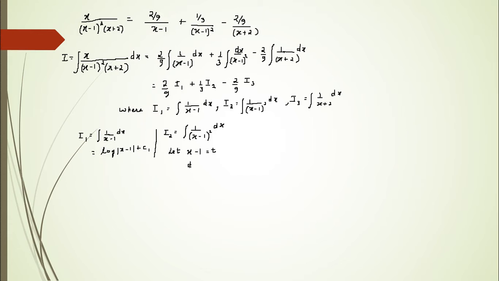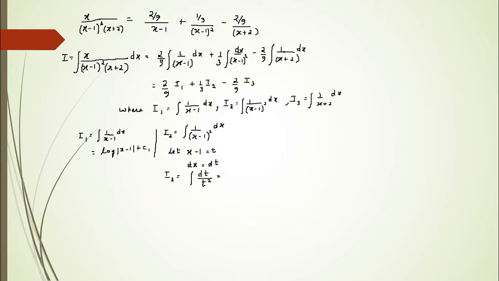Therefore dx is equal to dt, right? Therefore I2 can be written as integral dt by, now x minus 1 is t, so this can be written as t square.